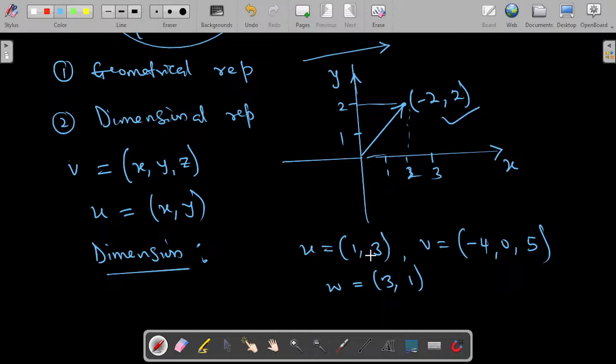The reason they are not the same is because the x coordinate for u is 1, while the x coordinate for w is 3. Once the coordinates are not the same, then they are not equal. The same for v here. The x coordinate is -4, the y coordinate is 0, and the z coordinate is 5.